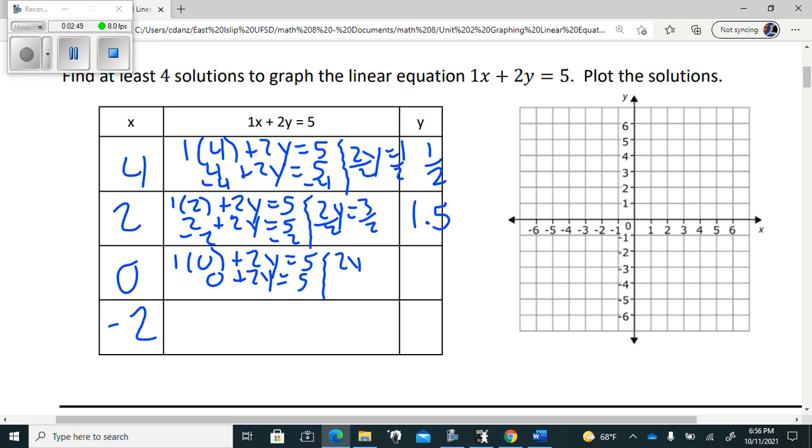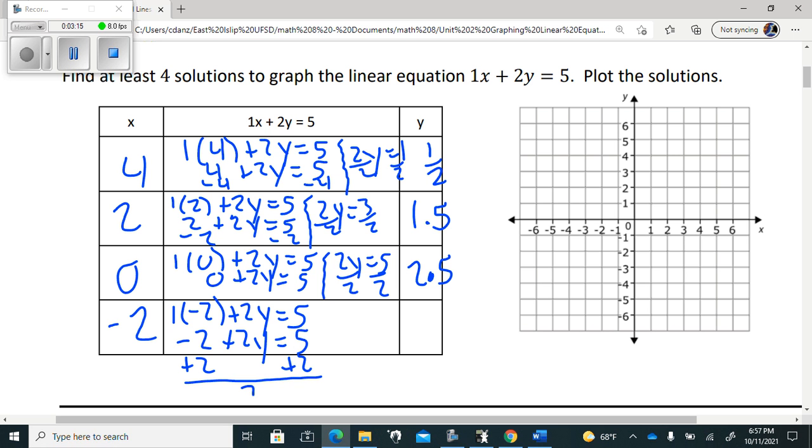Over here, I have 2y equals 5, and when I divide by 2, I get y is 2.5. Finally, when we solve the equation, we have to add 2. Divide by 2. So y is 3.5. So let's plot those.